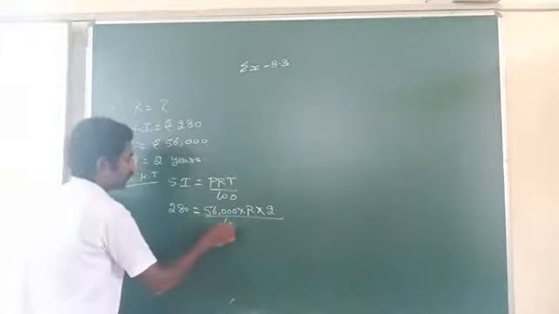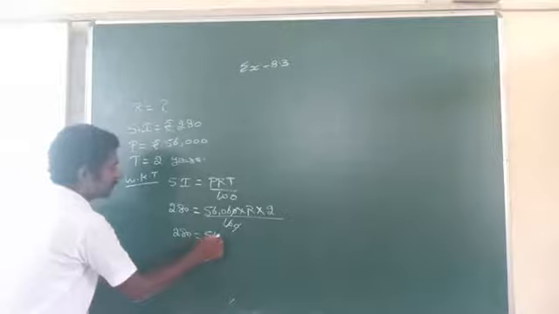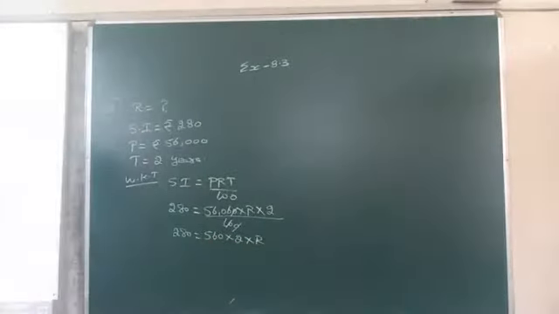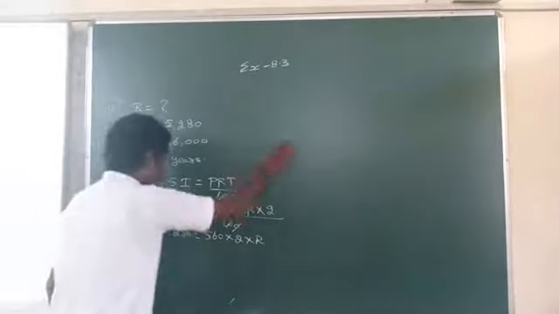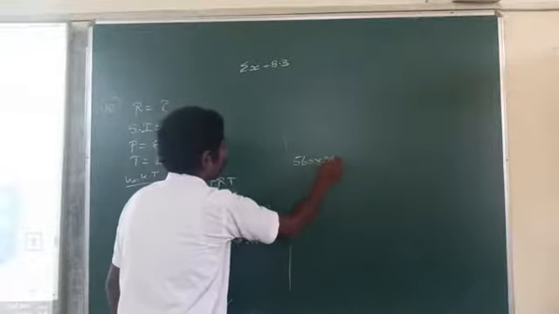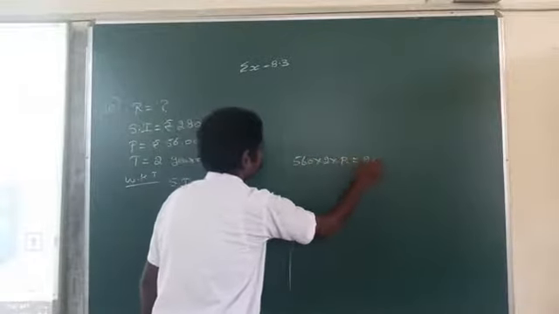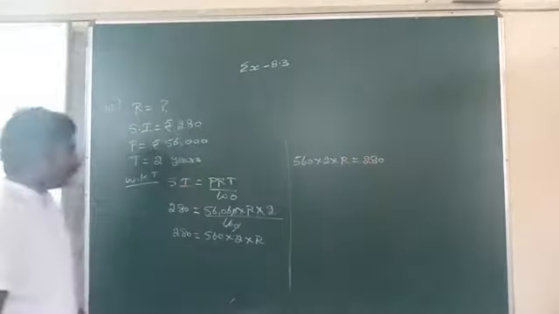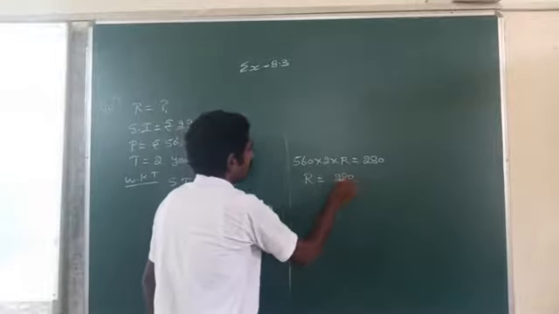That is 280 is equal to 560 into 2 into R. Am I right? Now simplify more. That is 560 into 2 into R equal to 280. So R equals 280 by 560 into 2.